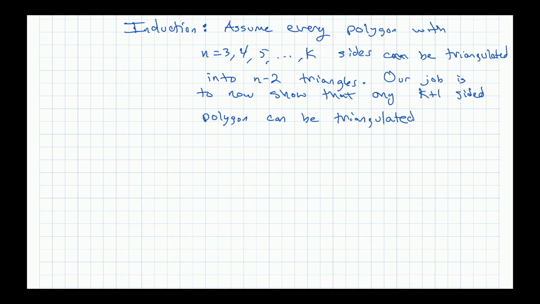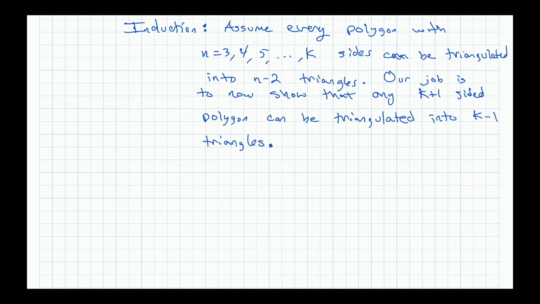Specifically, we need to show that any k plus 1-sided polygon can be triangulated into how many triangles? Well, it would be n minus 2. So if it's k plus 1-sided, then subtract 2, you'd have k minus 1. So it can be triangulated into k minus 1 triangles. That's what we are hopefully going to show.